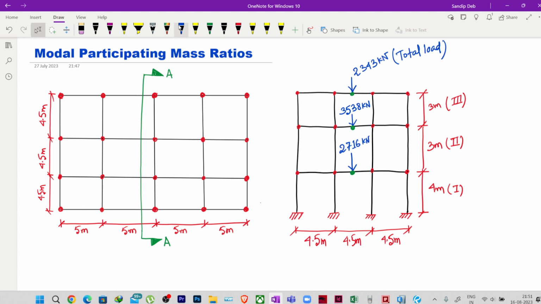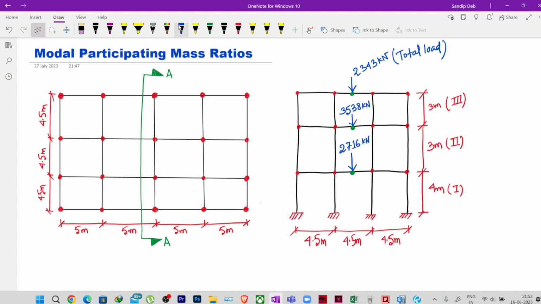In ETABS, STAAD, any software, if you go for dynamic response spectra or a modal analysis, you will get this term, and we check as per the code provision that the modal participating mass should be more than 90% when we add up all the mode participations, right?